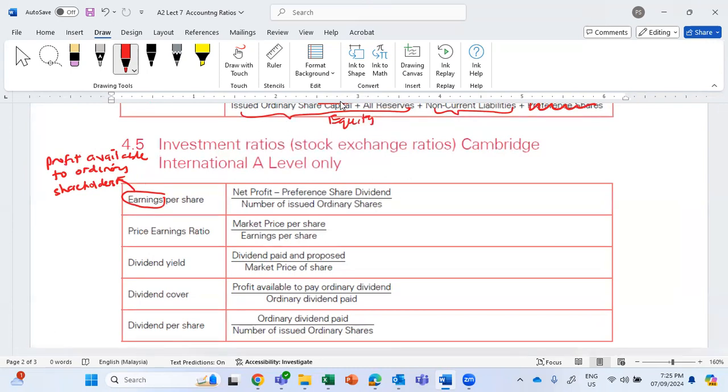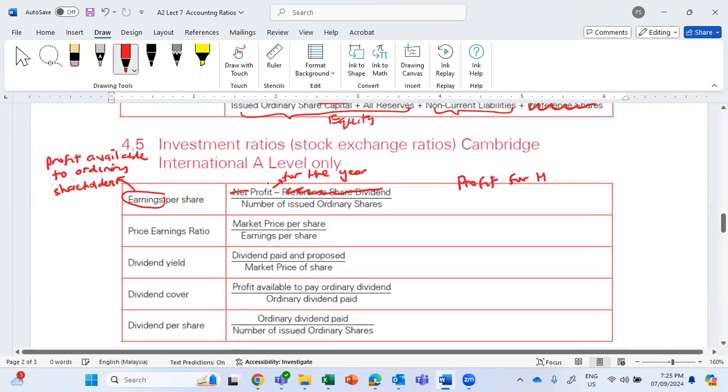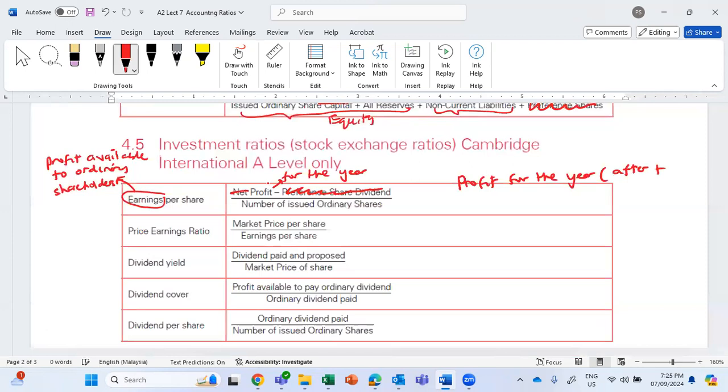Again, we can delete this. This is your profit for the year actually. So the formula is profit for the year after tax, divided by the number of ordinary shares.